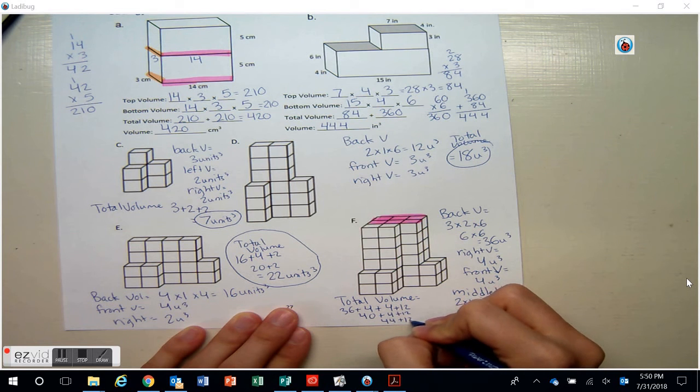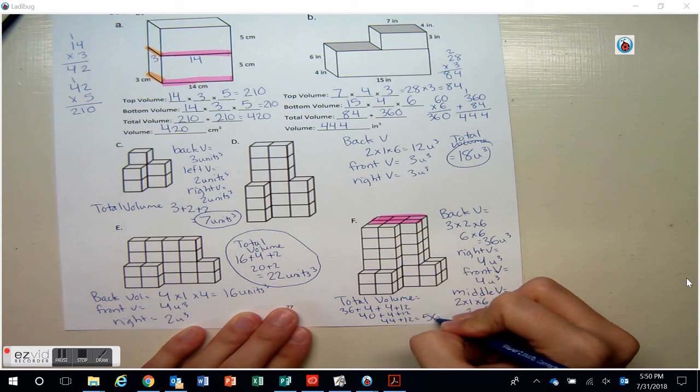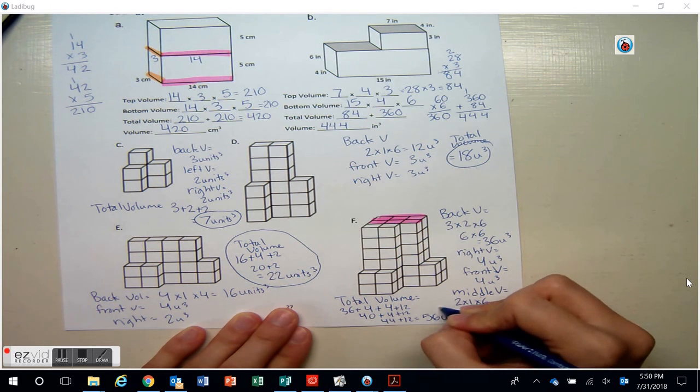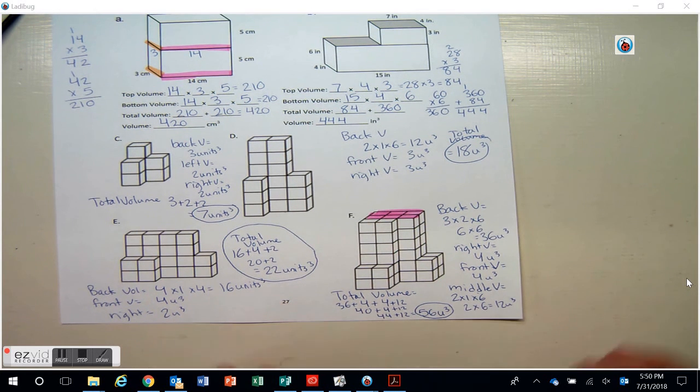And 44 plus 12 is 56 units cubed. That's my total volume right there. Hopefully this helped you see a couple more practice problems, and maybe it was used to check to make sure you're doing it okay. Remember, composite volume is just finding the volume of different figures and putting them together.